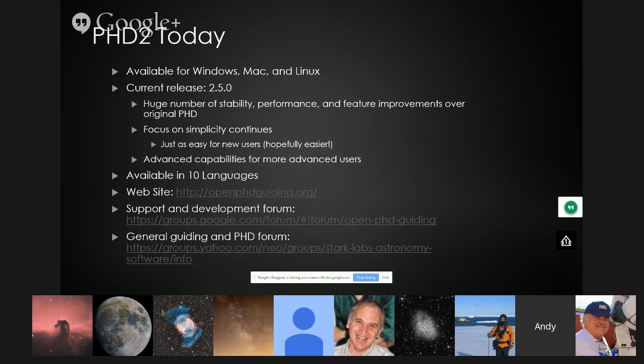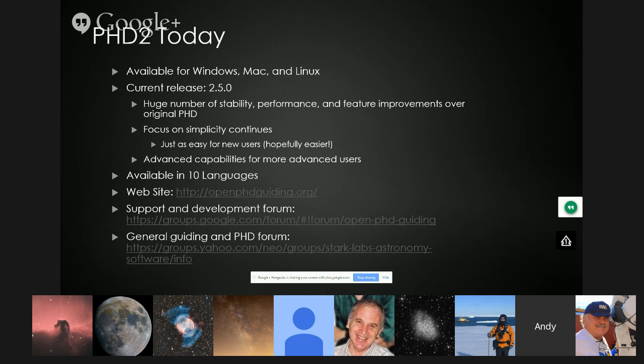We've had a terrific response from astrophotographers around the world. We have people showing up all the time offering to translate PHD into their native language. Right now, we'll run in at least 10 different languages. That's kind of cool. That's been fun seeing that happen. We have a very active community.